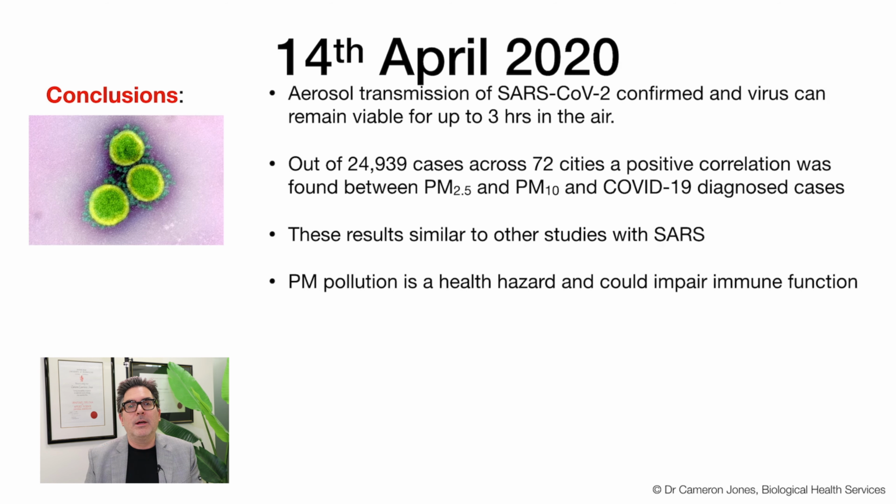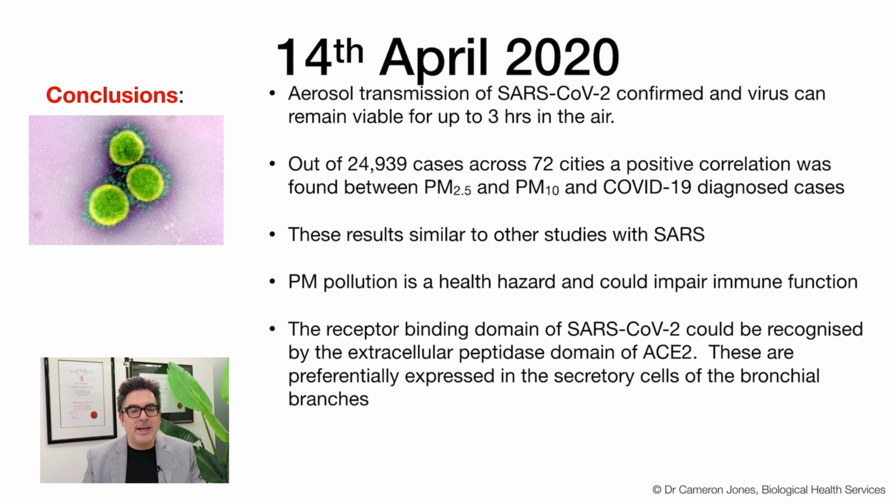These results are quite similar to the literature for other coronaviruses, other SARS viruses. Particulate matter pollution is a definite health hazard, and the authors conclude that it could impair immune function. This is related to the receptor binding in something called ACE2. This is a complex topic, and I don't have time to delve into it in today's live stream.